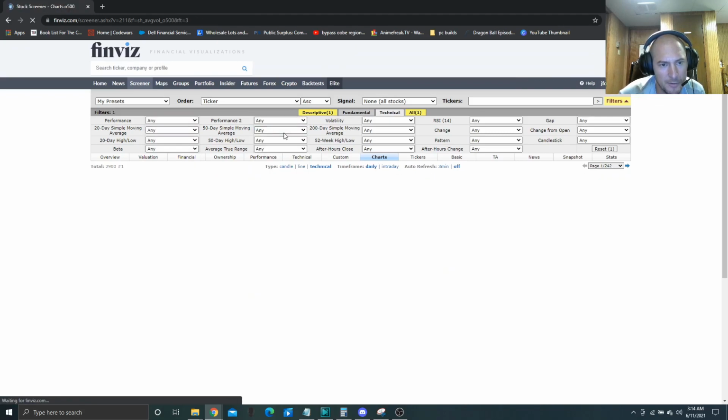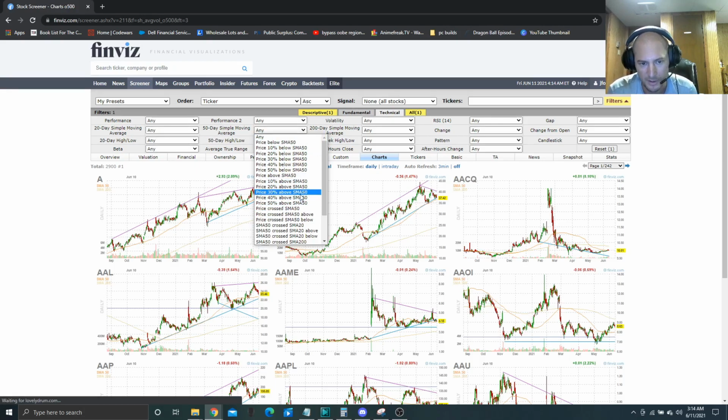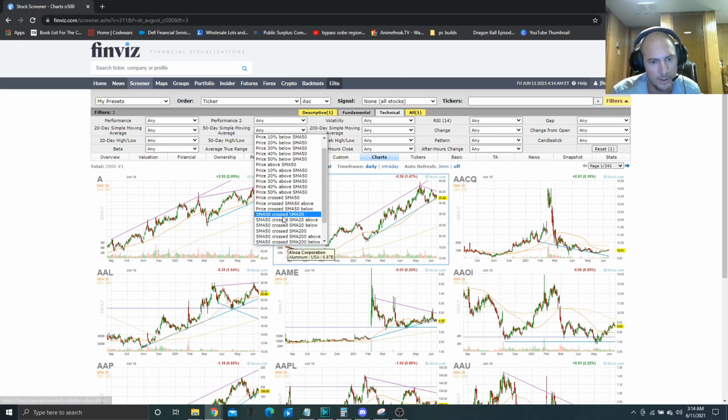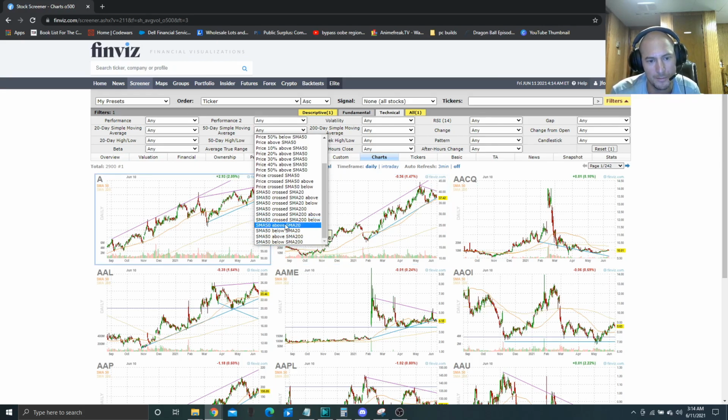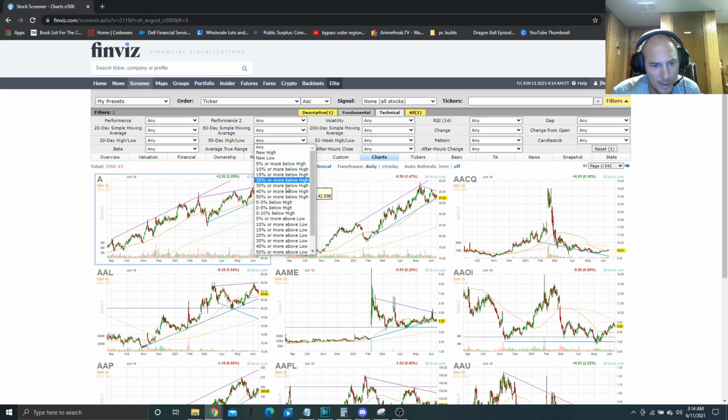You can use that to filter out things that are in a trend for the last 7 days. And then the 50-day moving average here, this will function exactly the same as the 20-day simple moving average. You can do percentages or crosses, or 50-day above the 20, which would indicate a short-term downtrend. 50-day below the 20 would indicate a short-term uptrend. 50-day high or low, I use this also sometimes when I'm looking for extremely overbought or oversold conditions.